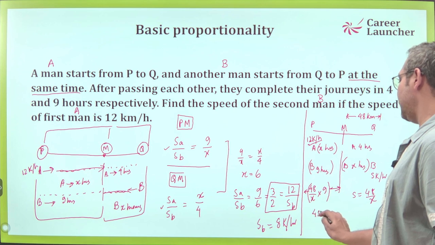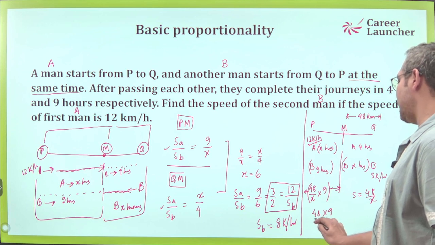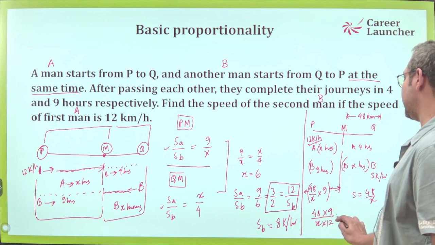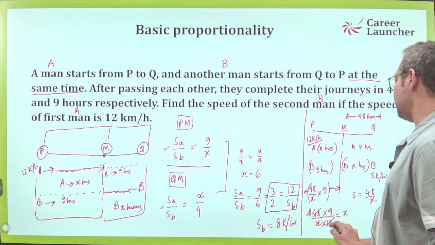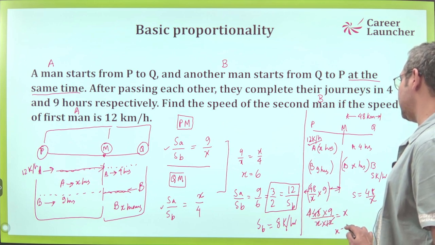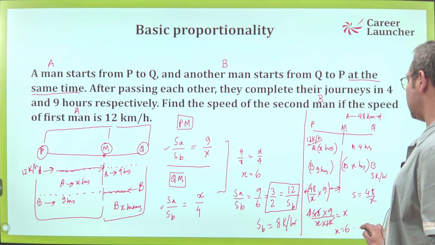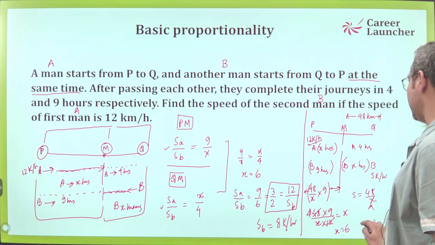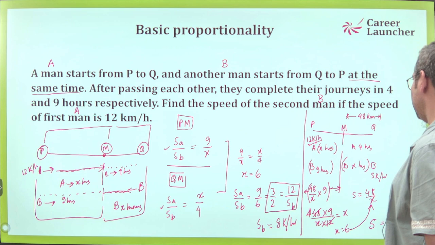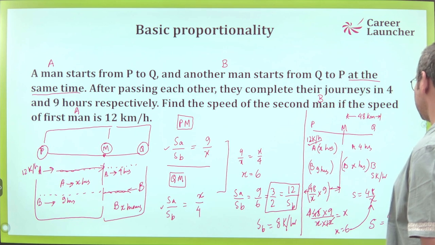So 48 times 9 by X divided by 12, that is the time he should take, which is X. So now solving again, we have X squared is 36, so X is 6. Once we have X is 6, we can plug it in here and find out that the speed of B would be 48 by 6, which is 8 kilometers per hour.